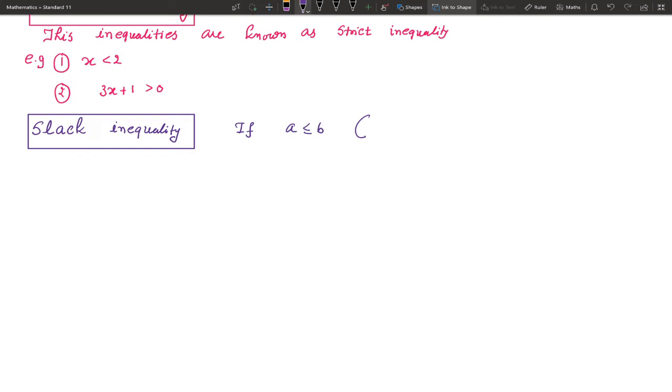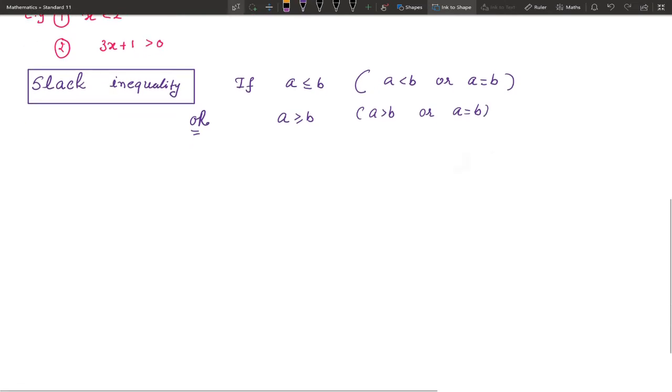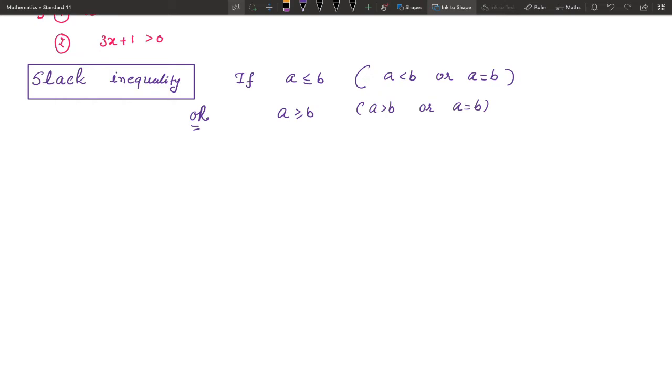Either a less than b or a equal to b. This we read as a less than or equal to b. And a greater than or equal to b means a greater than b or a equal to b. This type of inequalities are known as slack inequalities.